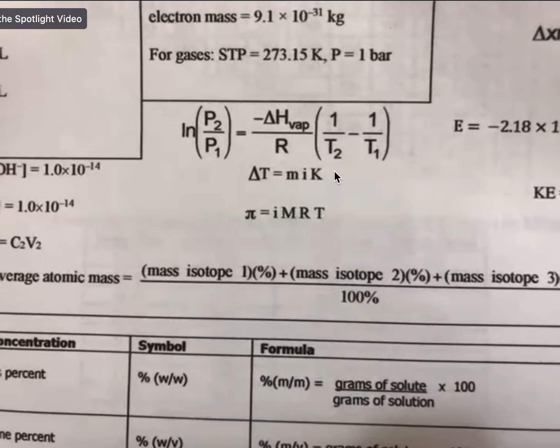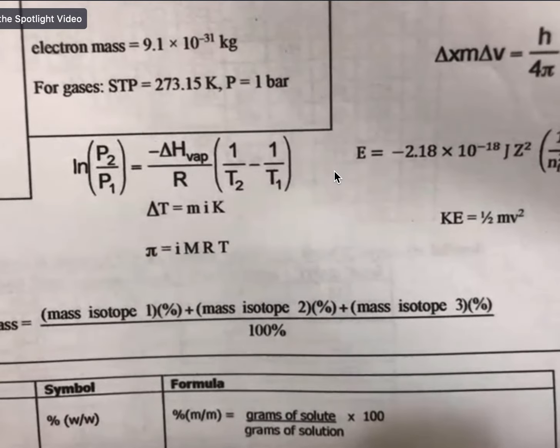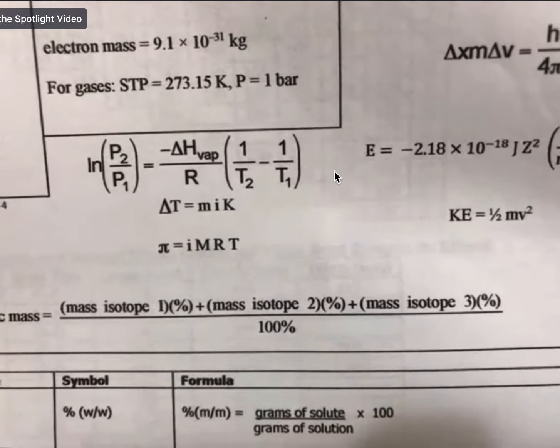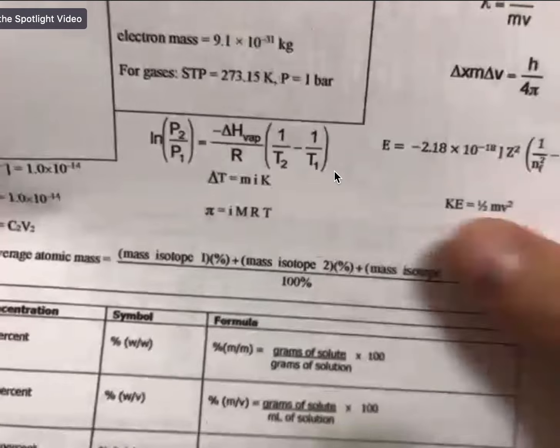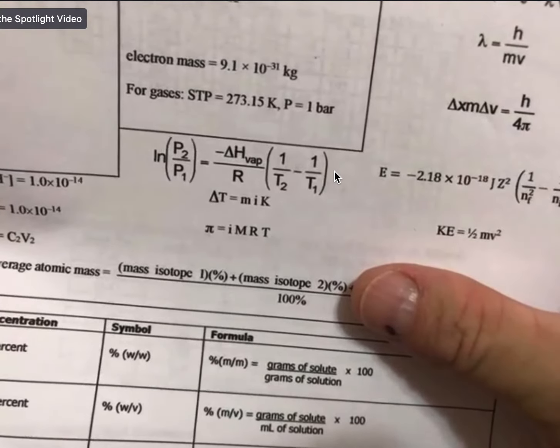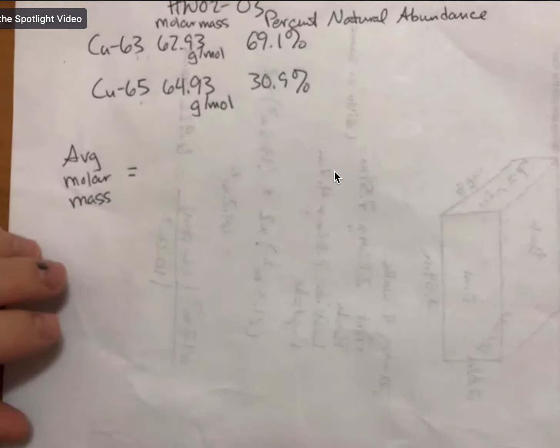This one says average molar mass is going to be the mass of the first isotope times its percent, plus the mass of the second isotope times its percent, plus the mass of the third isotope times its percent, because sometimes there are 3 isotopes, and sometimes even 4 isotopes. But for this one, there's only 2, so we're going to end this equation with 2 isotopes. The equation will be like this.